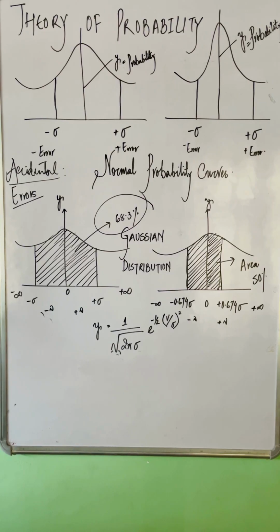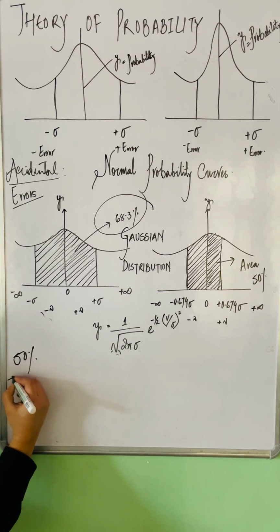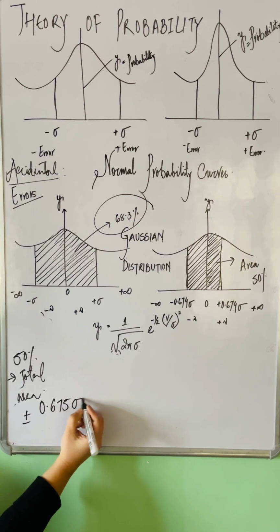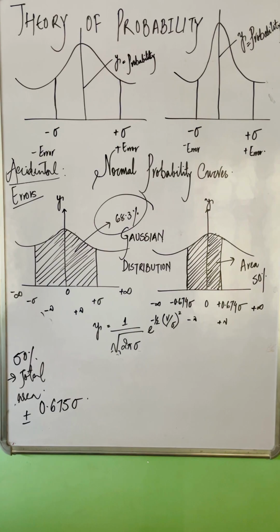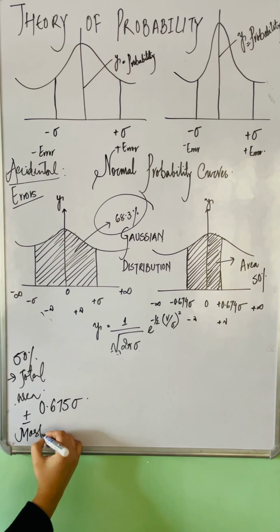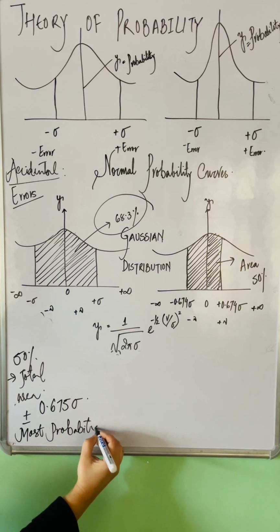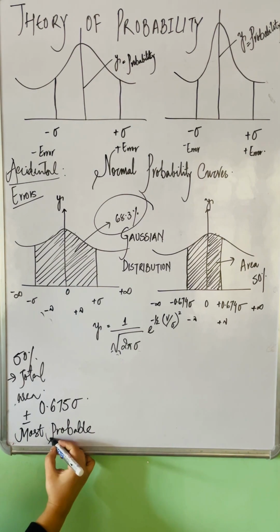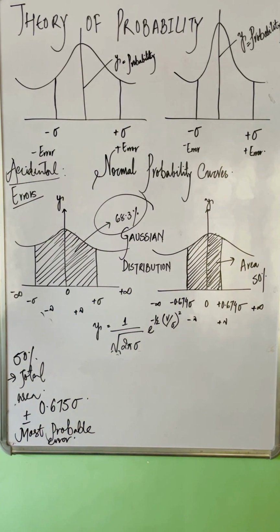If we take the second curve, the area between the vertical lines representing plus 0.6745 sigma and minus 0.6745 sigma is 50% of the total area.